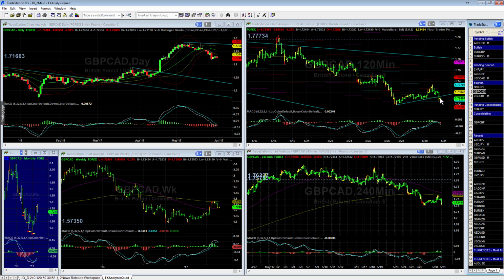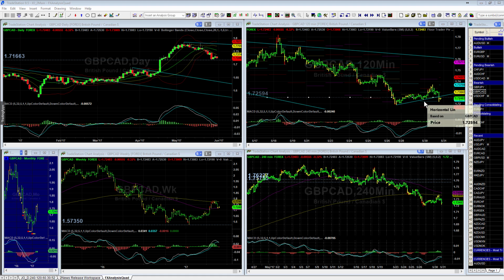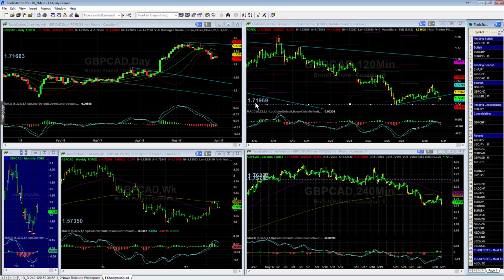You can notice we also broke through this 120-minute trend line, and that is significant. And how far did we go down? Well, we broke through here, but we still have to break down through not just here, or here, which is where it kind of got close to, but we really want to see a breakdown below the start of that run up there at 1.71969.